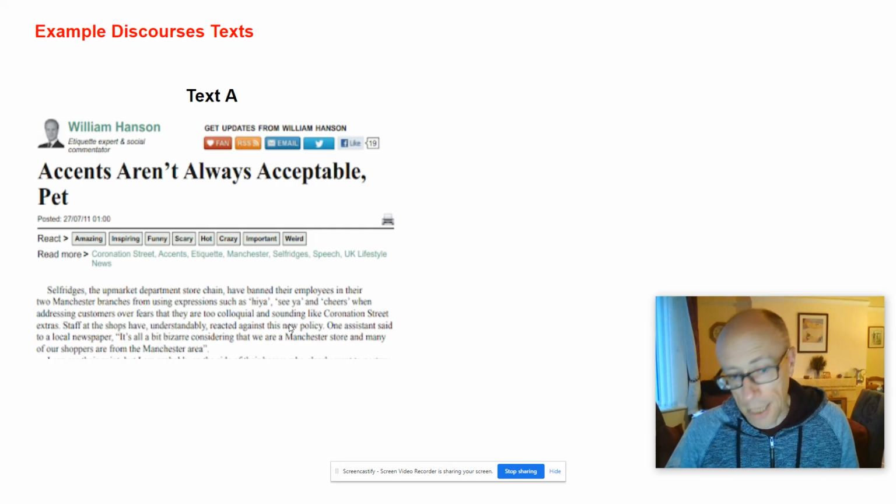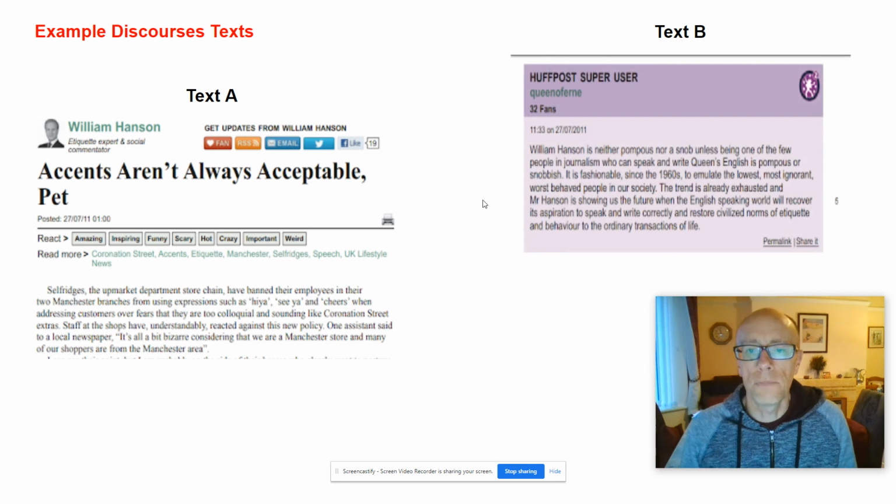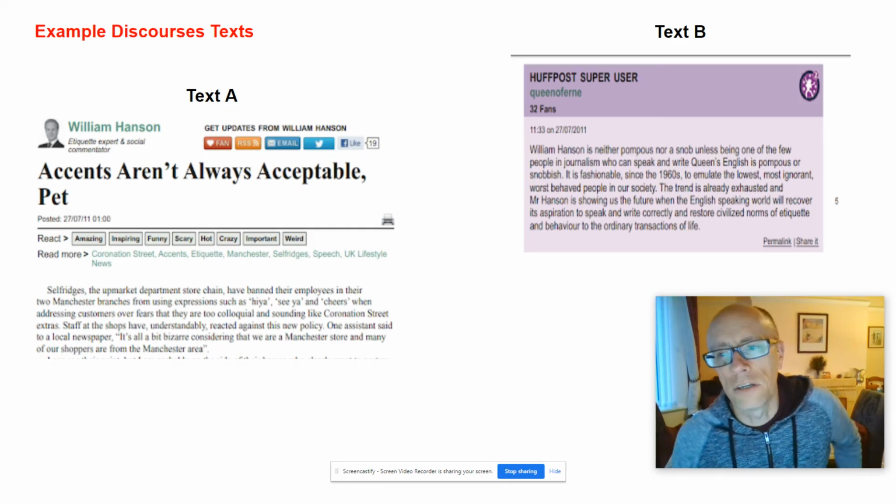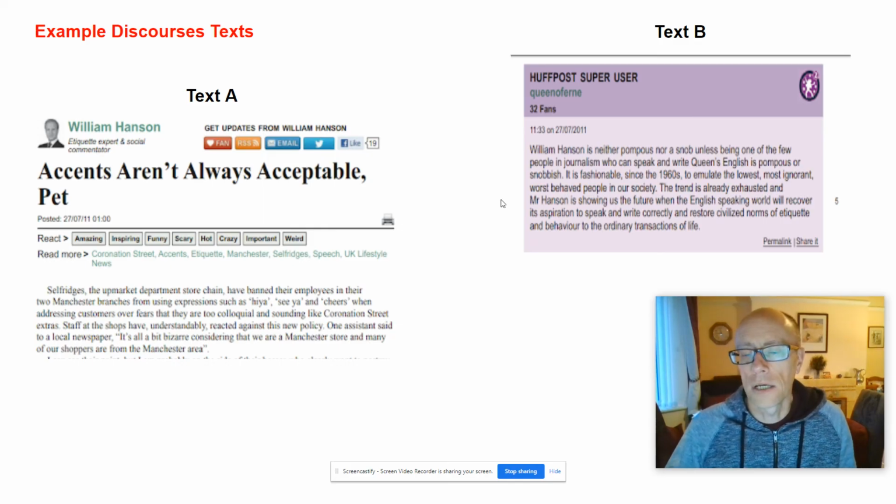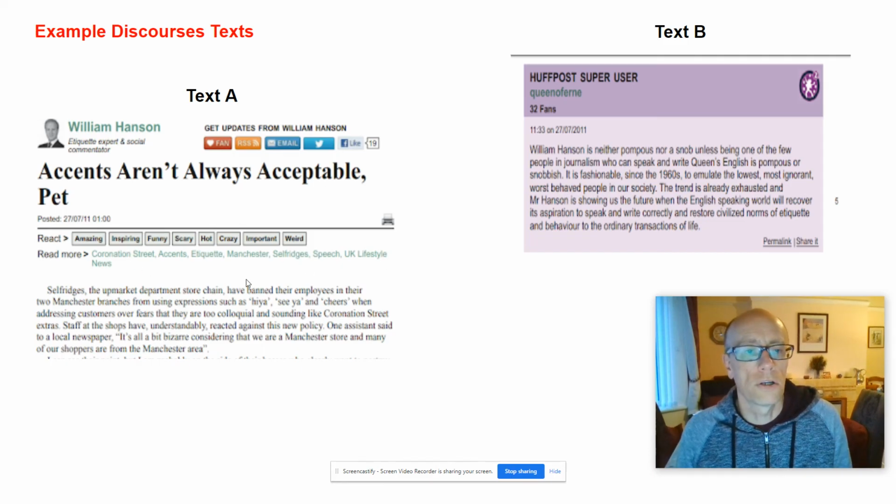That's not the complete text, of course. That's just the beginning of it. And sort of matched with that is this thing called HuffPost super user. It's not just a user, it's a super user. This is Queen of Fern, after all. And this appears to be a kind of comment in response to this article that's been written on Huffington Post.